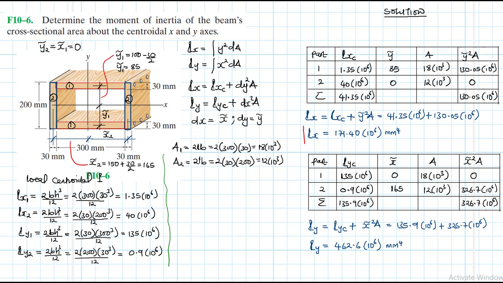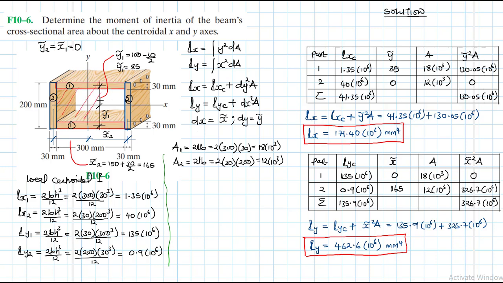Okay, so we have the moment of inertia about the x-axis. We have the moment of inertia about the y-axis. Alright, I think this is about it. This is one way of solving this. Of course, if you had wanted to, you could have used the other way where you calculate the whole area and then subtract the inside area.